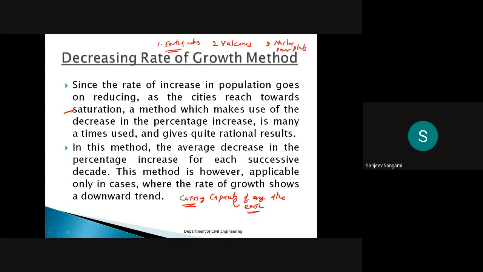Many times, once the carrying capacity becomes saturated, definitely a decrease in the population will be observed.